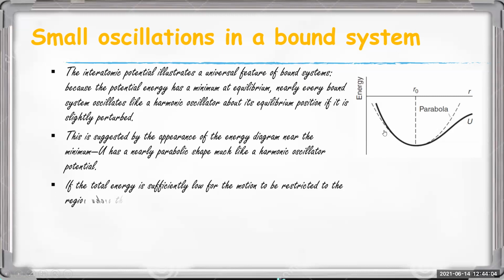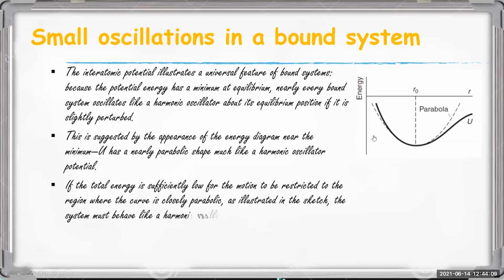And then if the total energy is sufficiently low, the motion of the atom is restricted to the region where the curve is closely parabolic.